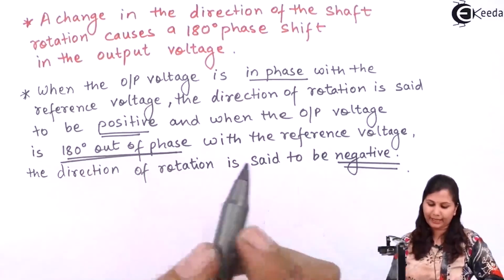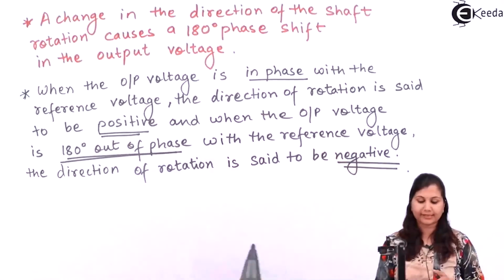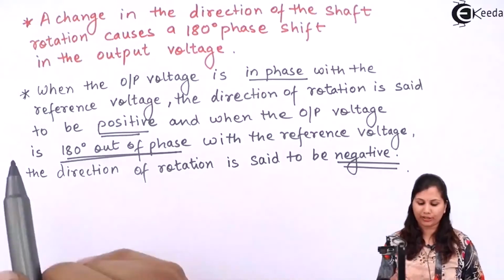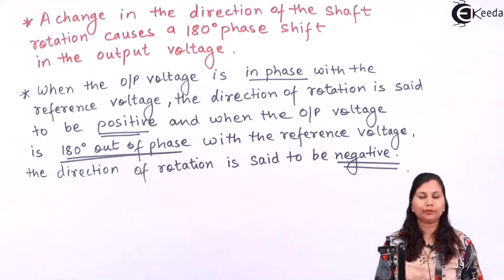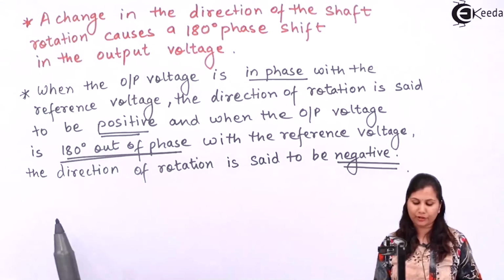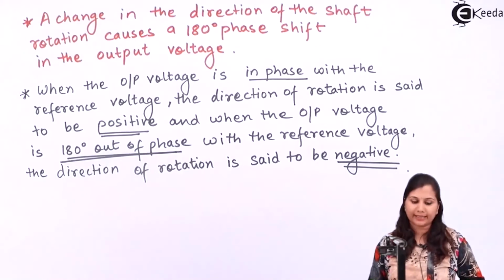So keep in mind that when the output voltage is in the same phase with the reference voltage, you have to take the direction of rotation as positive, and when it is 180-degree out of phase, the direction of rotation has to be taken as negative.